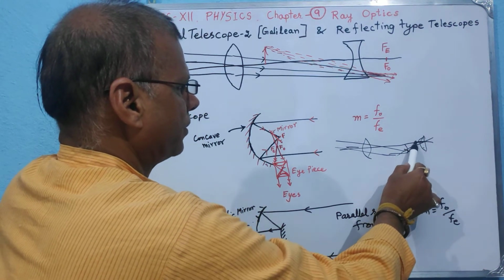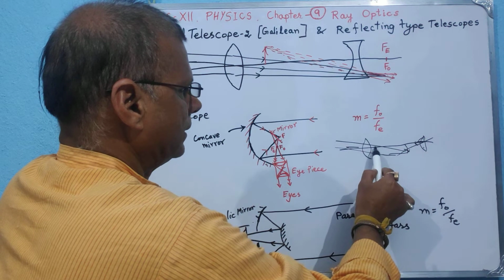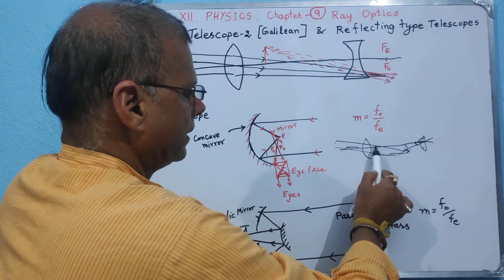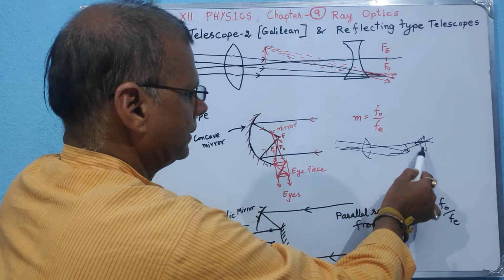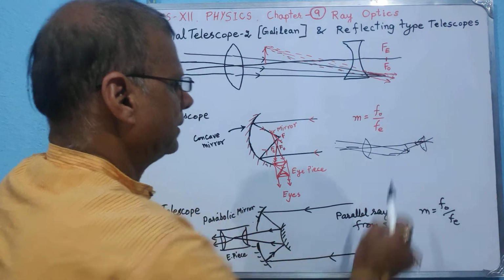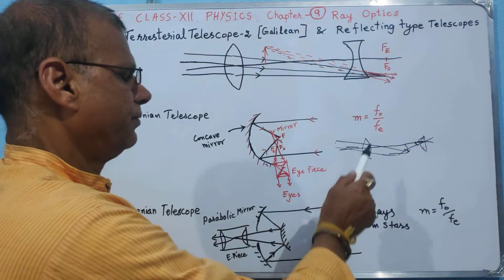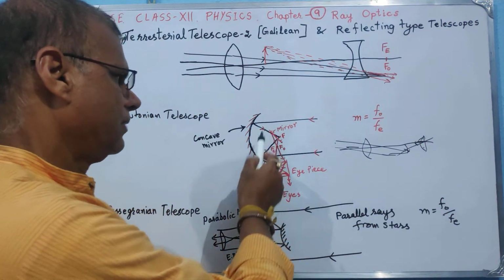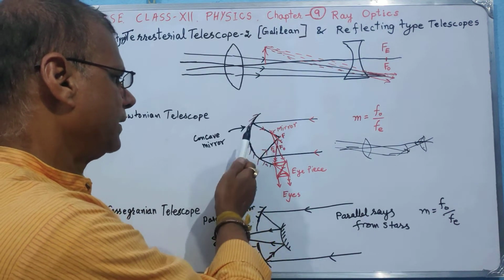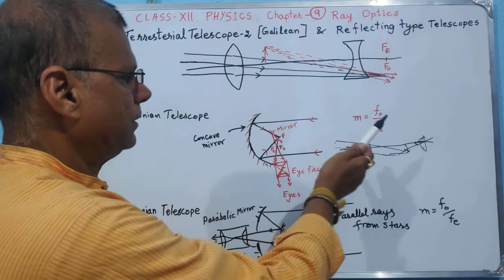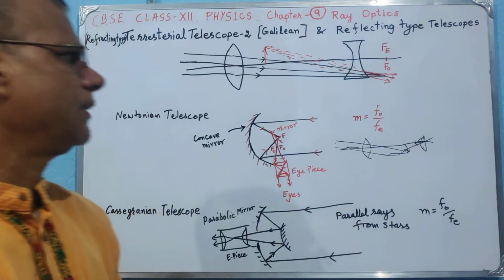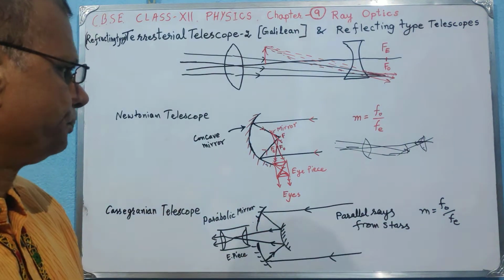Then we found the angle alpha that the object makes with the eye, and the angle beta that the image makes with the eye. In the same fashion you can understand here that the two mirrors are doing the same thing. So we can have the magnification given by FO by FE.